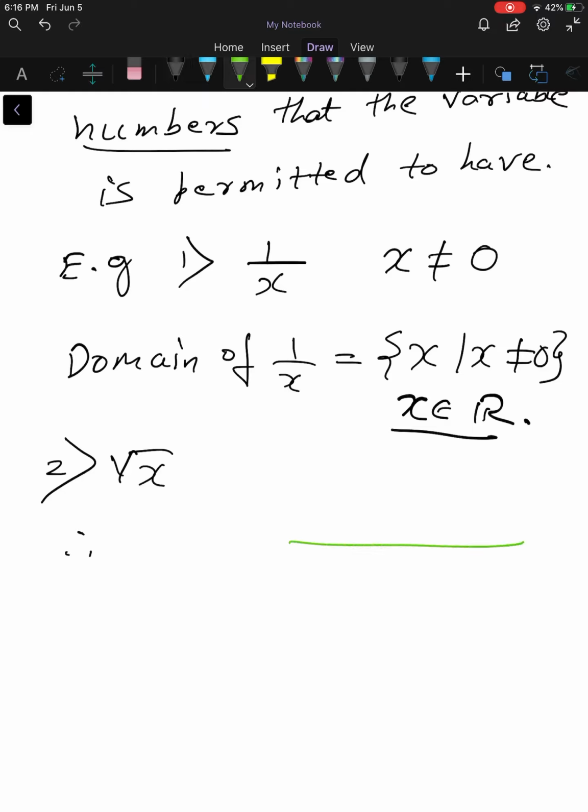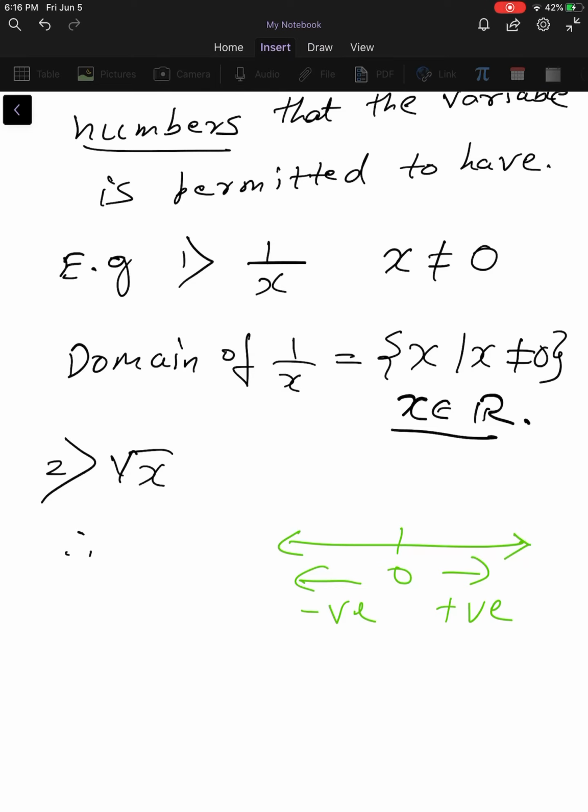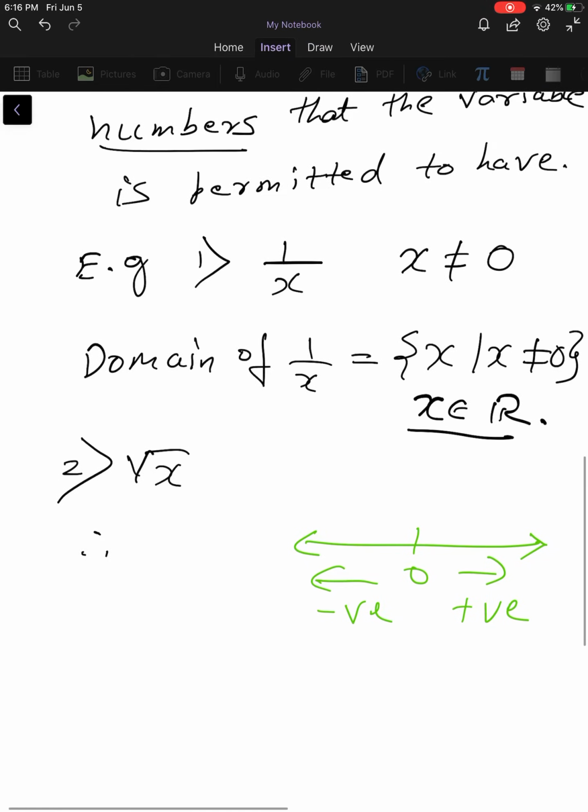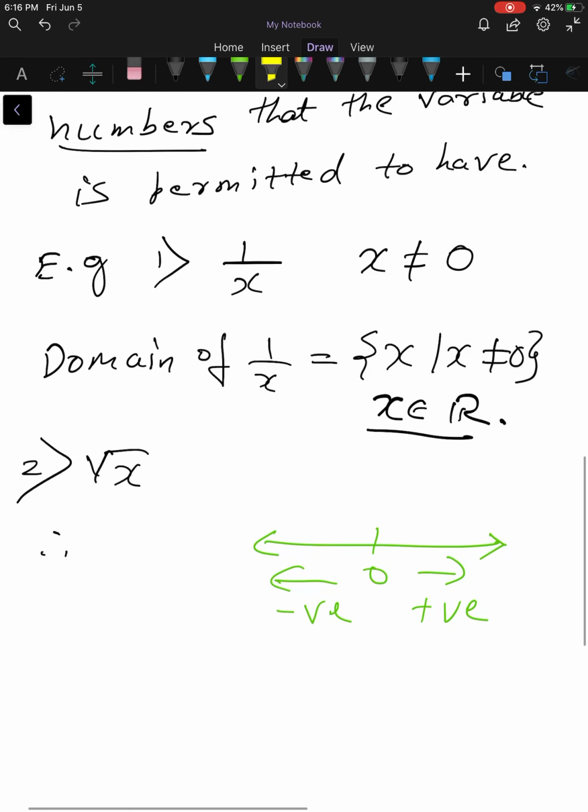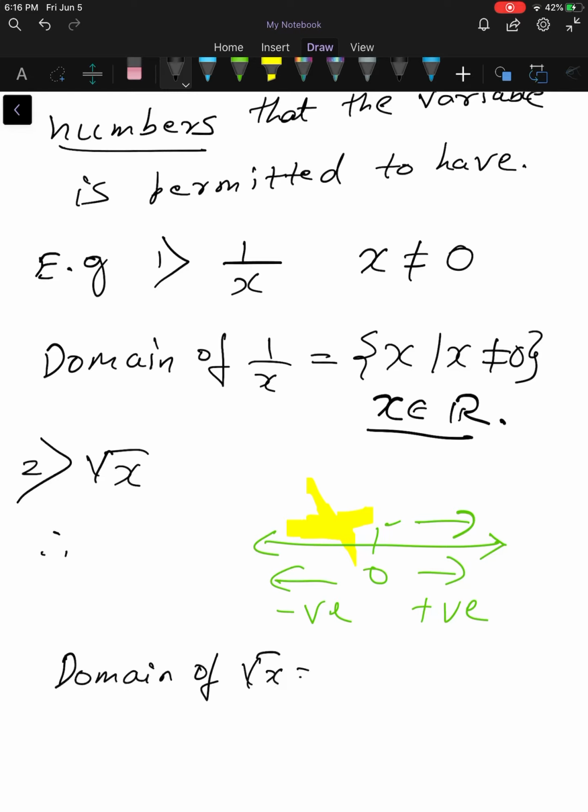If this is the real line, with 0 here, negative on this side and positive on this side, we are totally eliminating the negative part, but it includes 0 and the positive part. So how do we write the domain now? Domain of square root of x is the set of all x such that x is greater than or equal to 0.